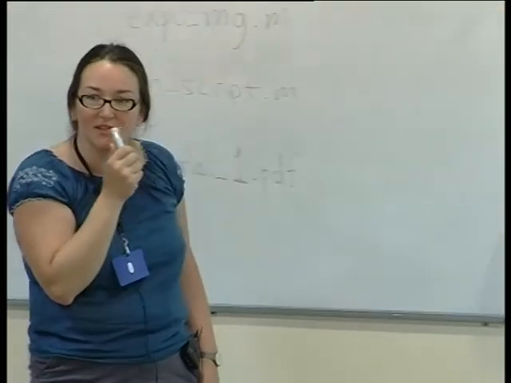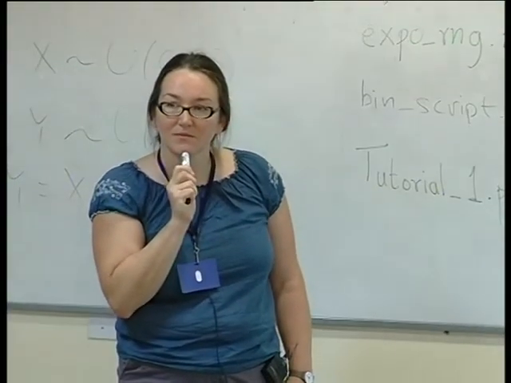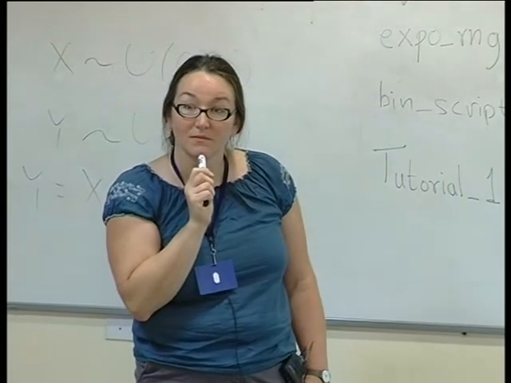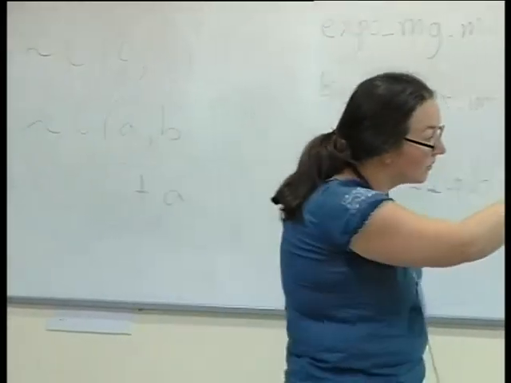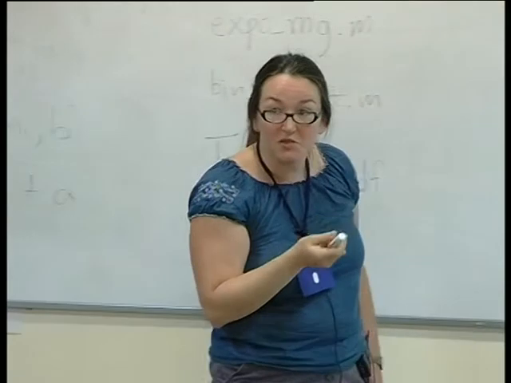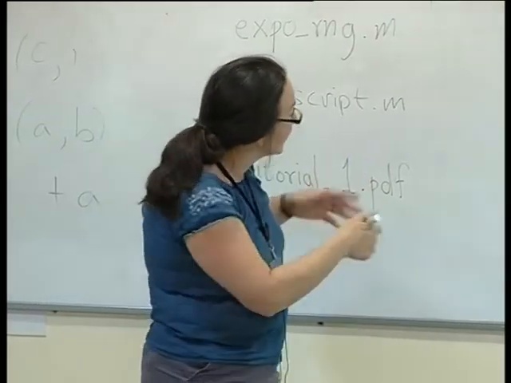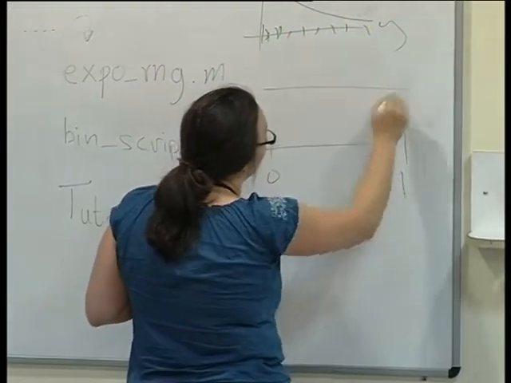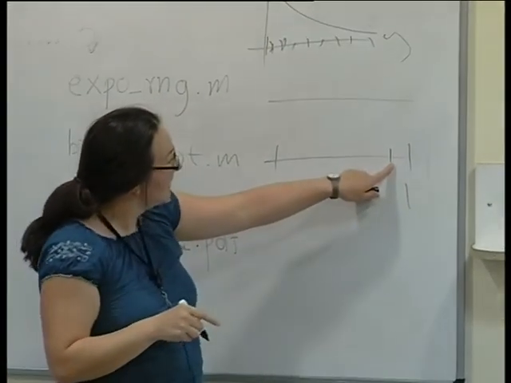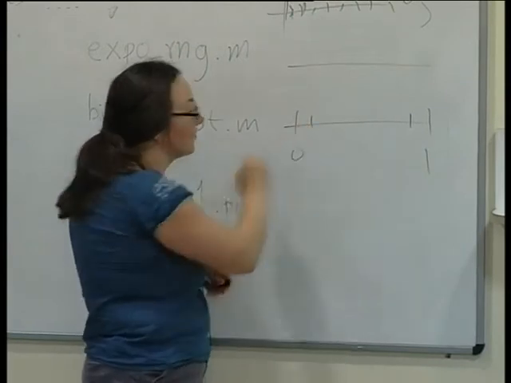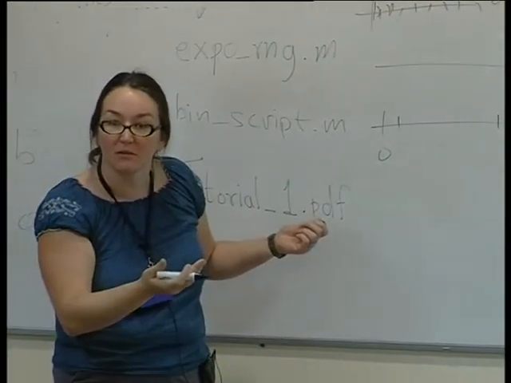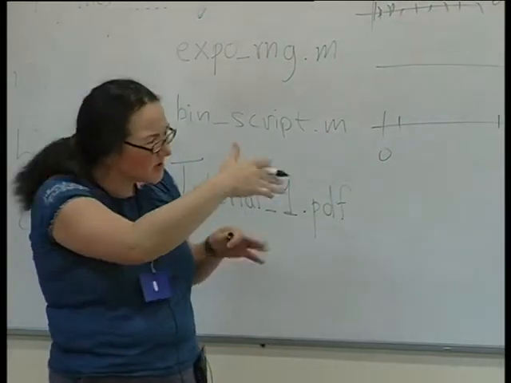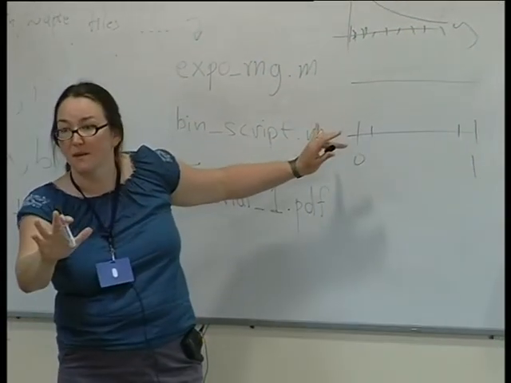Any thoughts on those questions? Okay, so this uniform random variable is symmetric. If I have something distributed uniformly between 0 and 1, say it's right here, then if I subtract that number from 1, it goes over here. Still a random variable, still the same distribution.